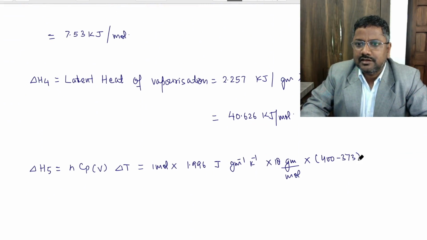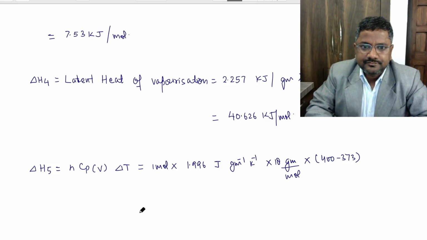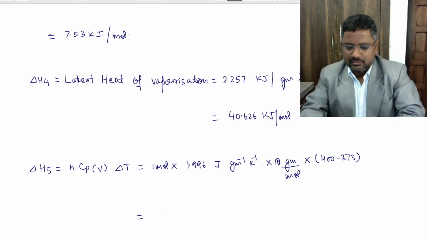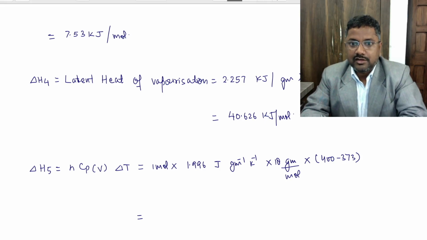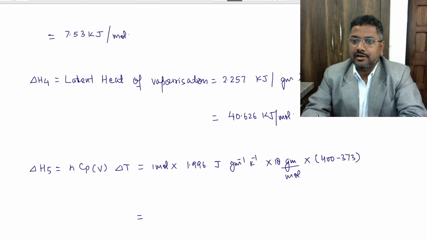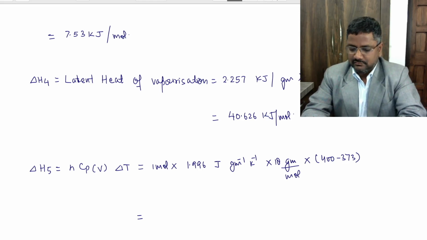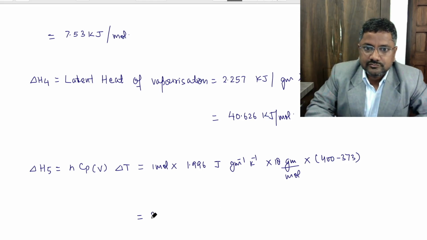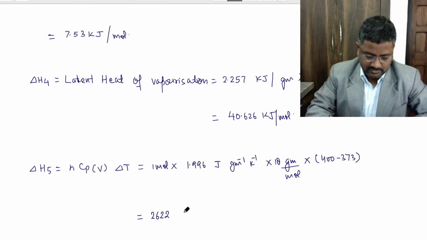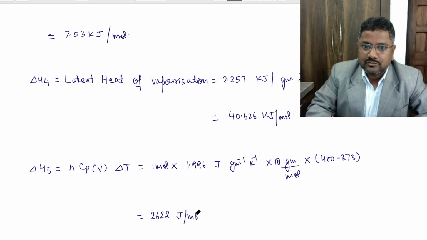So this is equal to 1.996 multiplied by 18 multiplied by 27, so 2622 joules per mole, right?